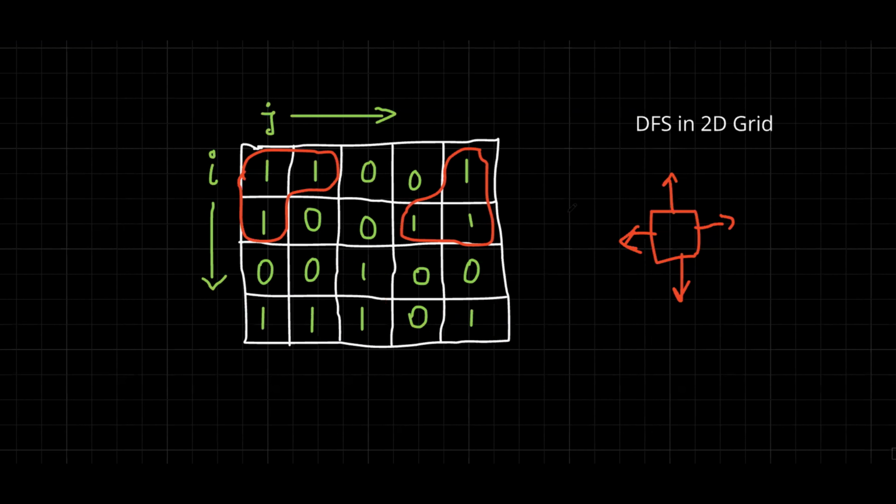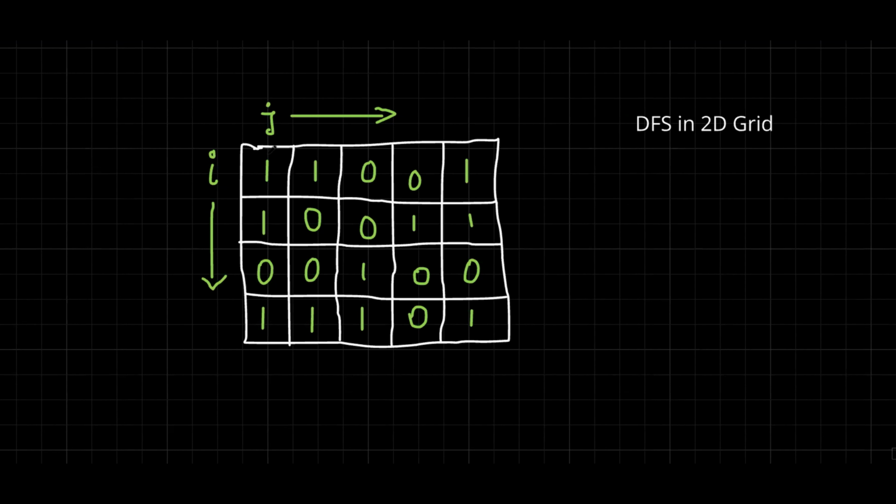But the question is, how can we solve this problem? We can basically solve this problem by using DFS in a two-dimensional grid. Here we will run 2 for loops, one outer loop and one inner loop, or a nested loop.